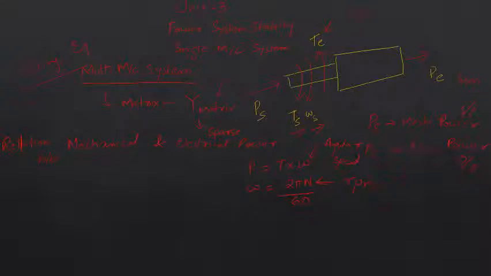Now in terms of mechanical, if I write this power, I will write it as j alpha and omega. Torque I can write as j into alpha. So what is j? J is inertia.